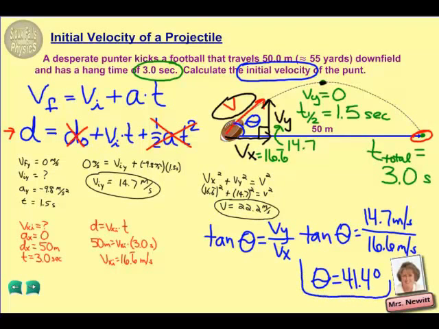So again, just under 45, which actually means that our punter was wise in the ways of physics because he ended up pretty close to the maximum range, which would have been at a 45-degree angle. So 22.2 meters per second was the velocity of his punt at an angle of 41 degrees.